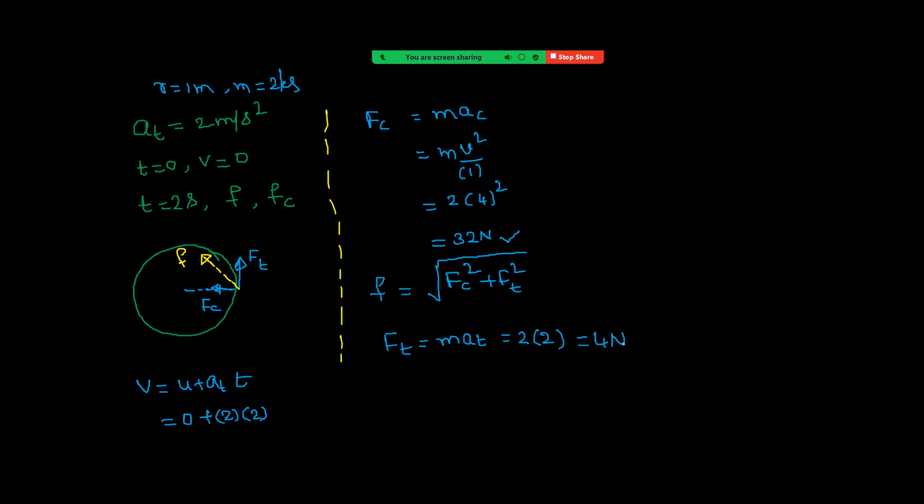That means now we have to find resultant of these two. Okay. So AT value is given, right? That means now substitute values here. We get now net force because we got F tangential and centripetal force.